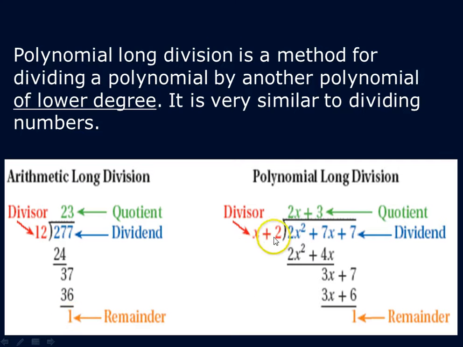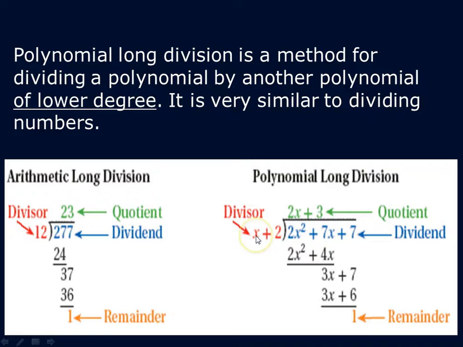Well, let's look at polynomial long division because it's the same basic concept. We want to divide x plus 2 into 2x squared plus 7x plus 7. The one thing we're going to do different is we're only going to look at the first term of our divisor and the first term of our dividend to see how they are related.